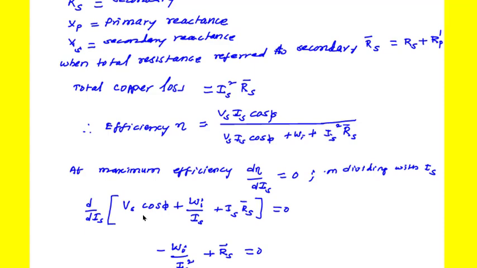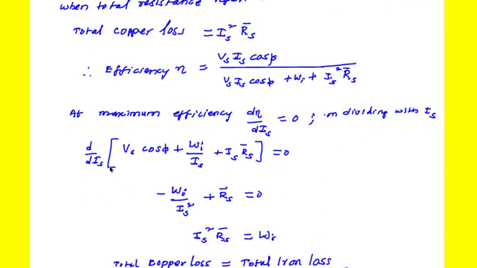This is a constant value, so it becomes 0. So here we have chosen only denominator because we are searching for the maximum efficiency condition. So whatever may be the numerator, if the denominator becomes 0, some value divided by 0 will become infinity, means maximum value. So for that purpose we are doing like this.